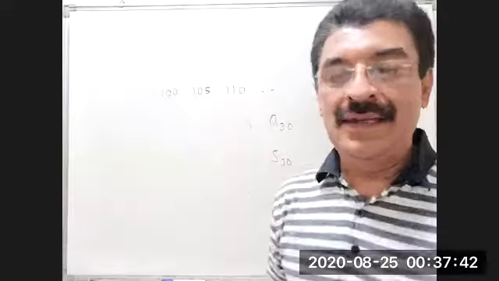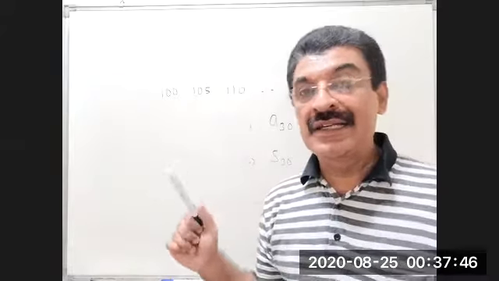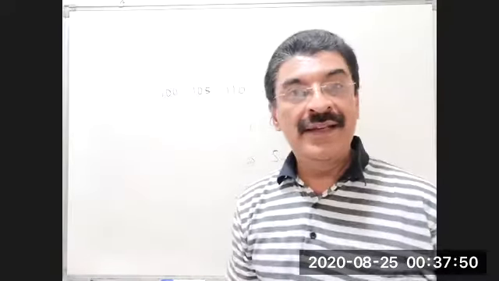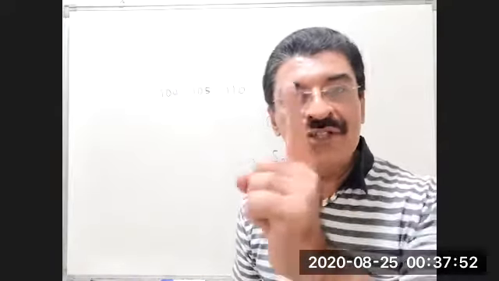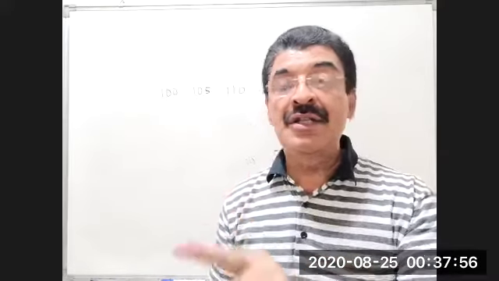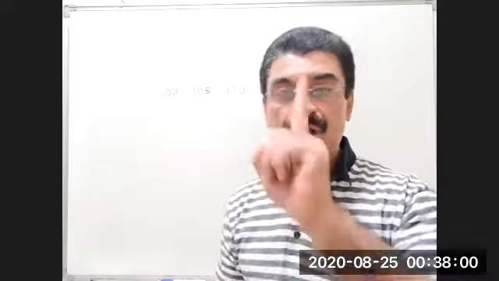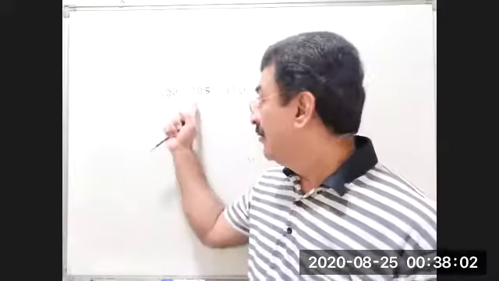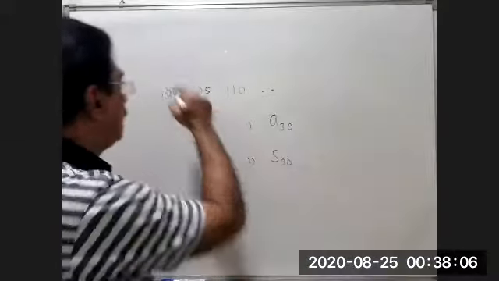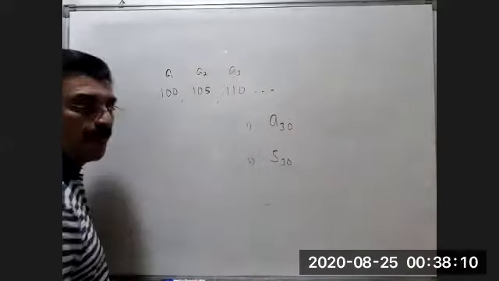In such cases, see here, A30 denotes the 30th term. The first term, 100, denotes the amount paid in the first month or first installment. So this is A1, A2, A3.